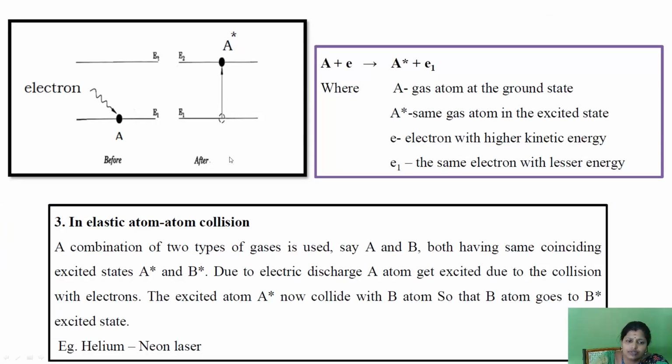Inelastic collision between two atoms. Two atoms are considered, atom A and atom B. Atom A absorbs energy, with one electron absorbed in the ground state energy level, and A goes to the excited state energy level, while some electrons return to the ground state. Then B atoms are in the ground state level and A is in the excited state energy level. A and B atoms collide. This is inelastic collision between the two atoms. A asterisk plus B: B absorbs the energy and goes to the excited state energy level, and the remaining A atoms return to the ground state.